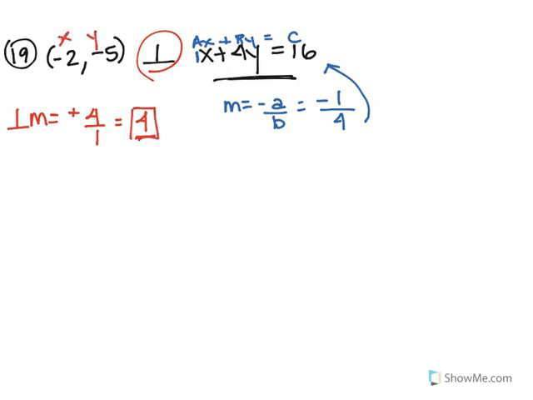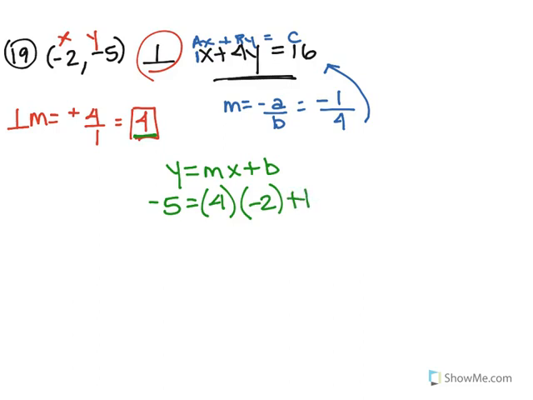And we're going to use this point to find my b. I don't use point-slope form, though they use that on my labs. We use y equals mx plus b, like I did on the previous problem. So that y coordinate is negative 5. The m we have to use is the perpendicular one, which is 4. And the x is negative 2.